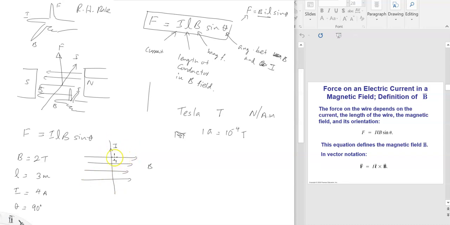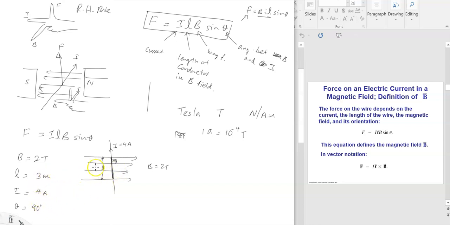You measure it from B to I, and it's 90 degrees. Carrying a current of 4 amperes. 2 Tesla. This length, this is the length we are talking about, within the magnetic field. If this is not perpendicular, then we have to use sine theta. Here also we use sine theta.